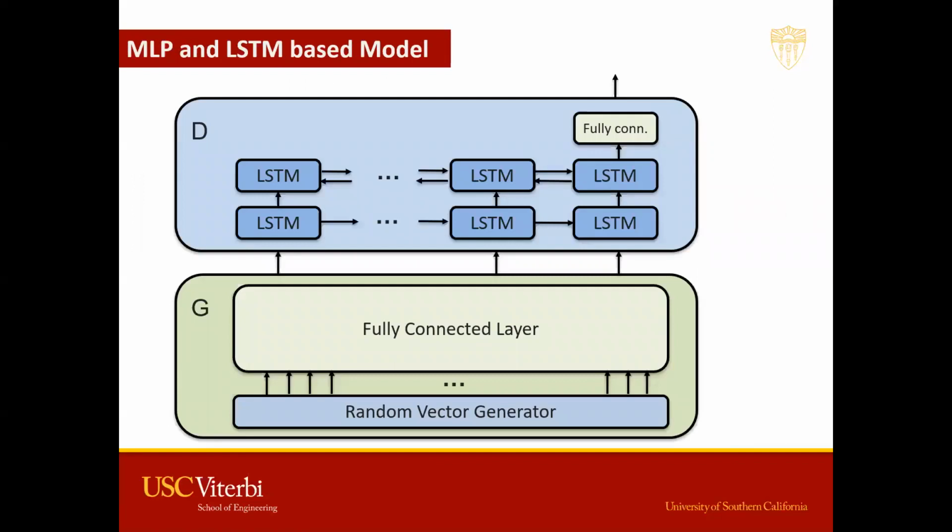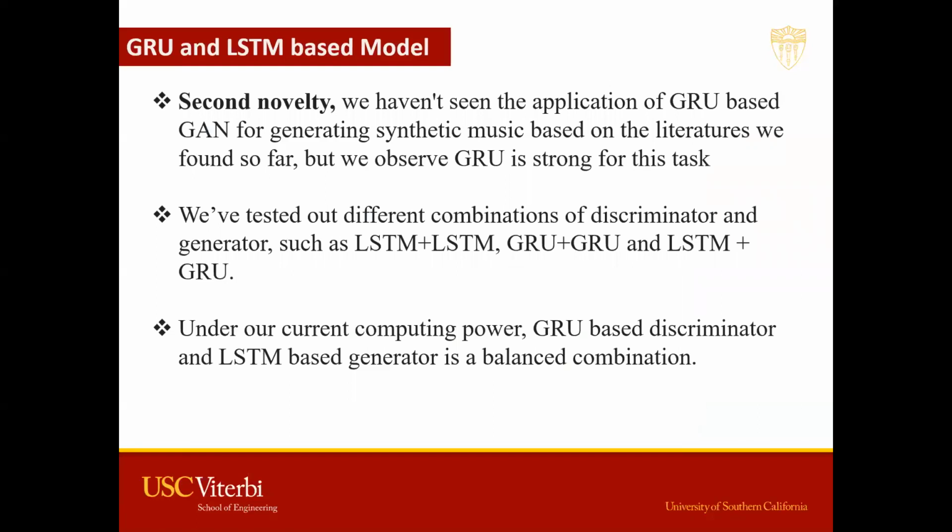Okay, we start with the structure with the generator using MLP layers and the discriminator using LSTM cells. We also noticed that in other literature on this topic so far, we haven't seen any exploration of using GRU networks on this task of generating classical piano music.